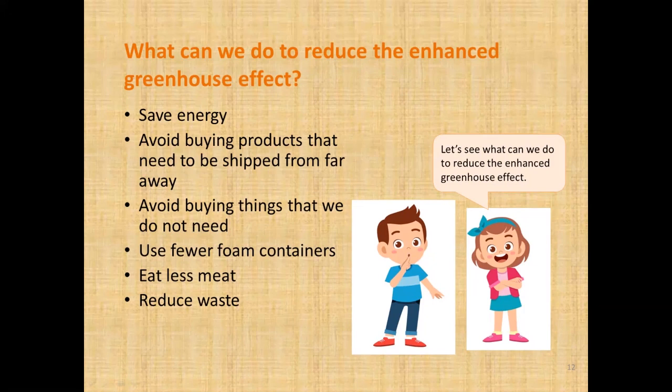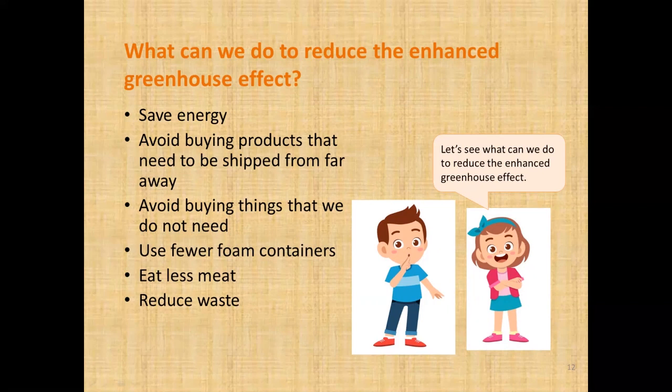Next, we need to eat less meat, because it can help reduce the amount of livestock. Last one, we need to try to reduce waste so that the amount of greenhouse gases produced by the landfills will be lesser.